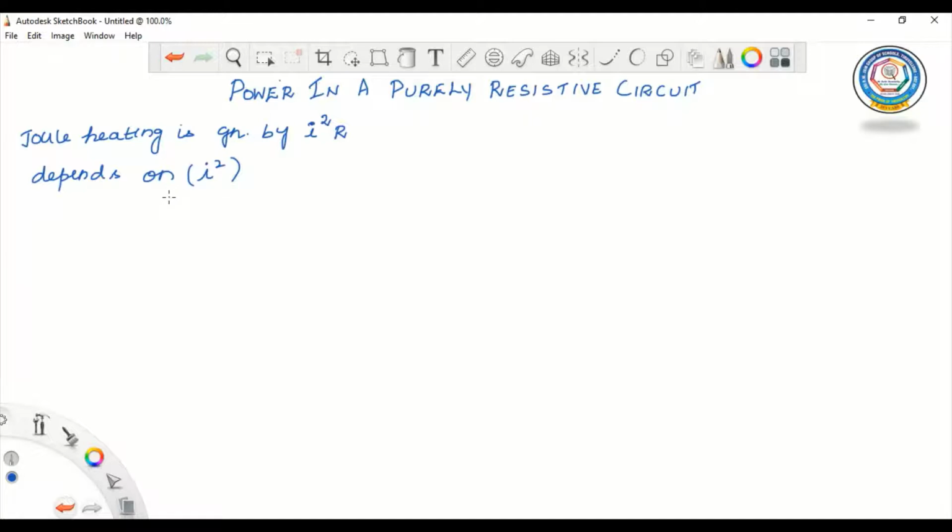So you can say that there is Joule heating and dissipation of electrical energy when an AC current passes through a resistor. It depends on I square.